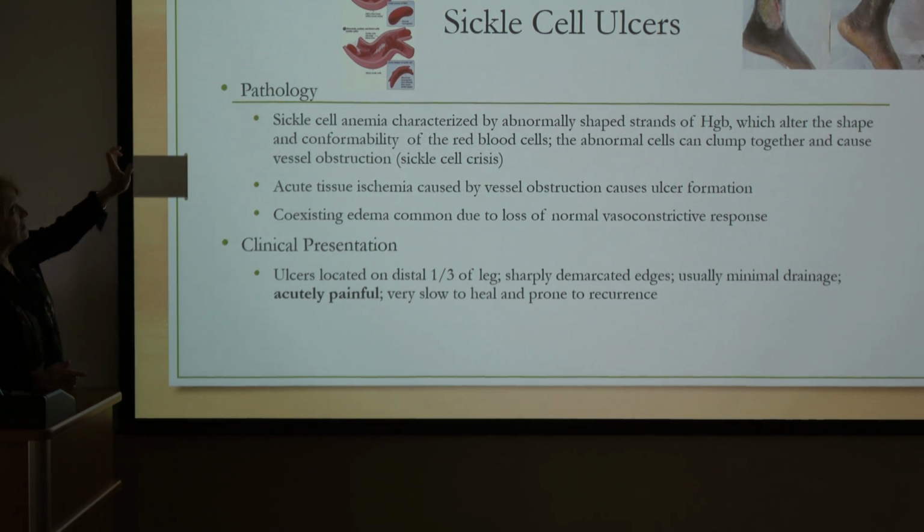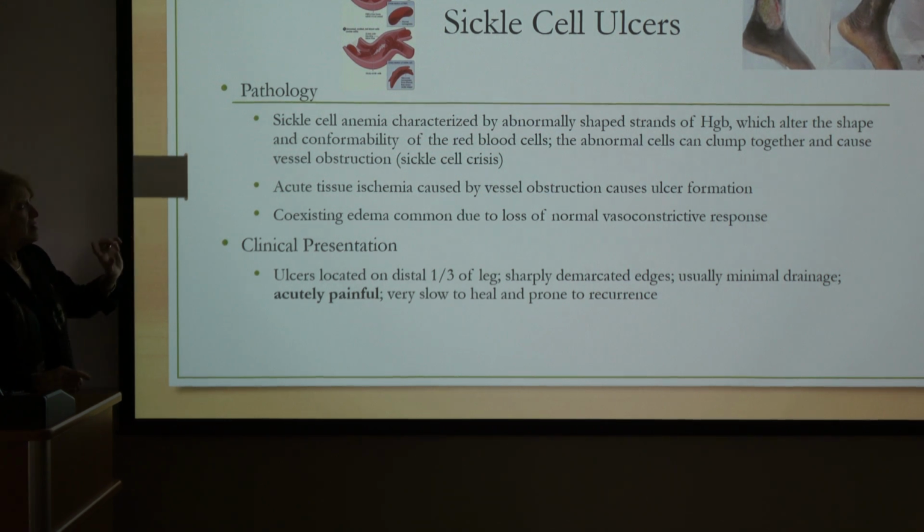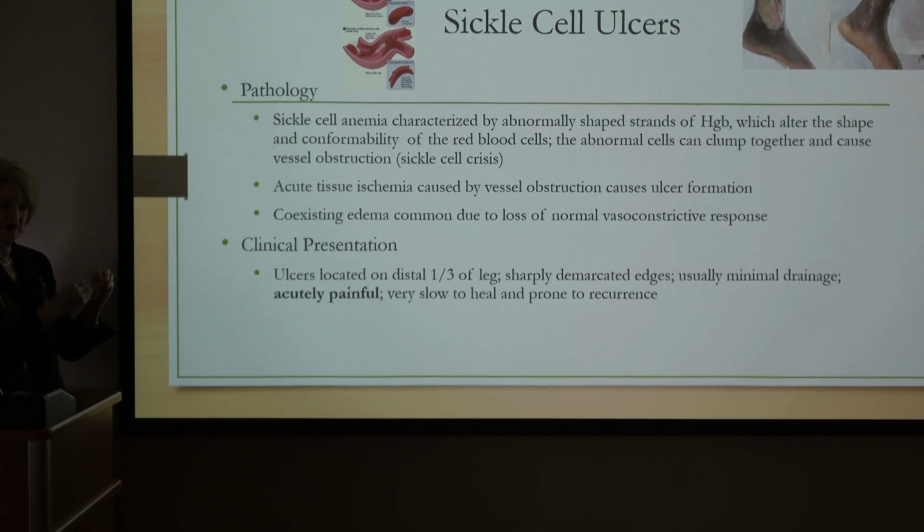So you see normal red blood cells on top. But when you have these abnormally shaped strands of hemoglobin, they tend to cause a sickle shape to the cells, and they make the cells stiff, so it makes it hard for the cells to move through narrow vessels.